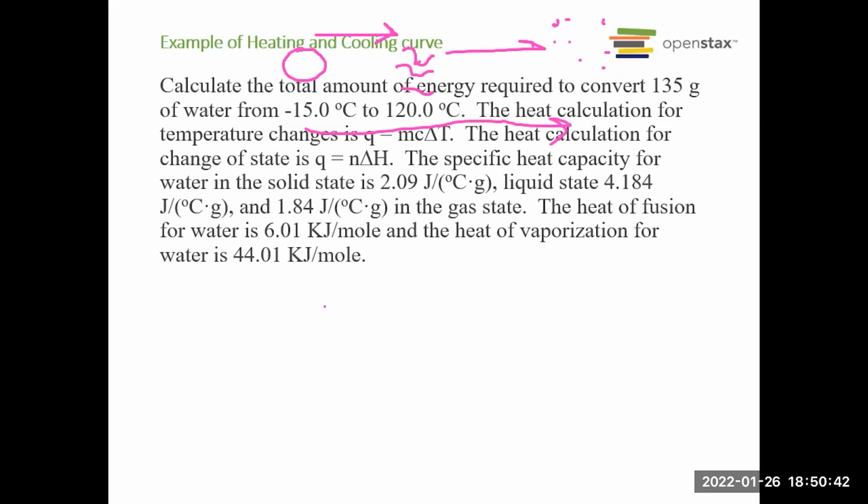Liquid state, 4.184 joules per degree Celsius gram, and 1.84 joules per degree Celsius gram in the gas state. The heat of fusion for water is 6.01 kilojoules per mole, and the heat of vaporization is 44.01 kilojoules per mole. Do you guys want to start it together? You got time to work it through?